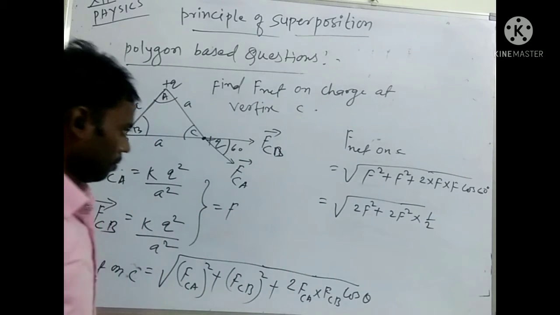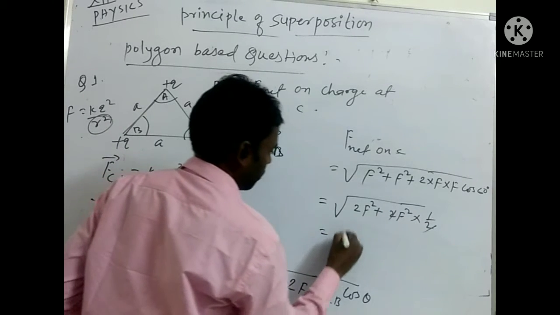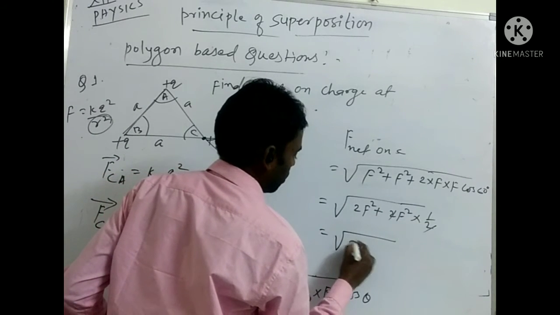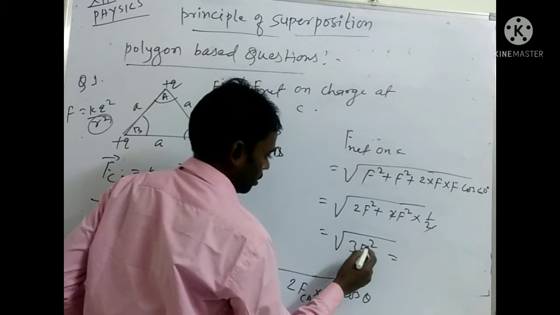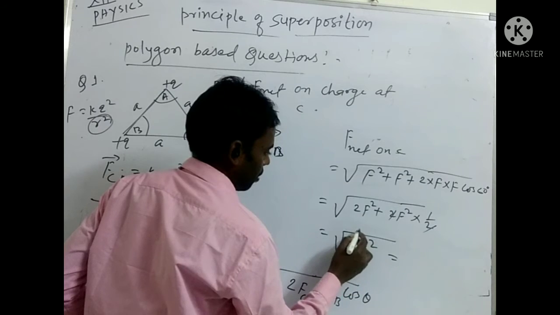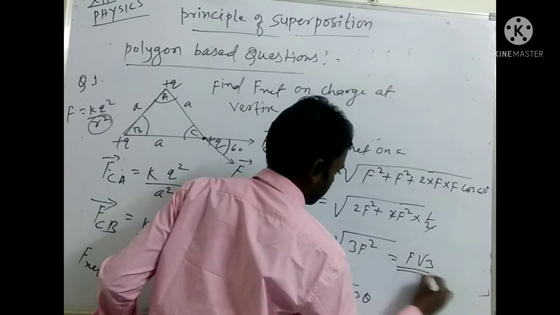Then the 2 is going to cancel out. That means here we have 3F square, and the square root of this F square gives F root 3.